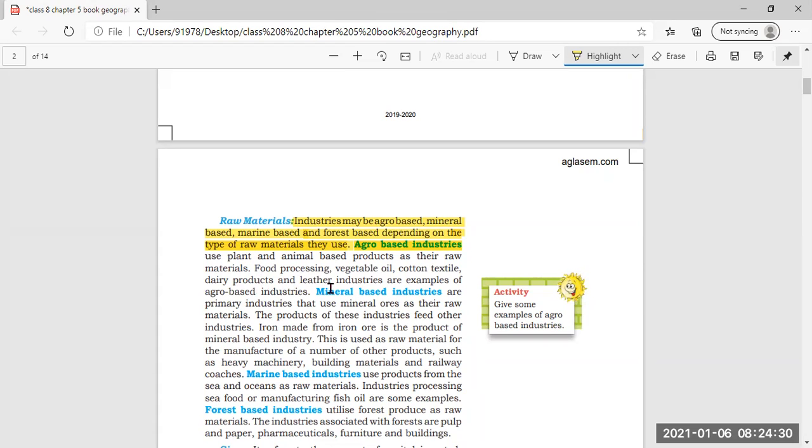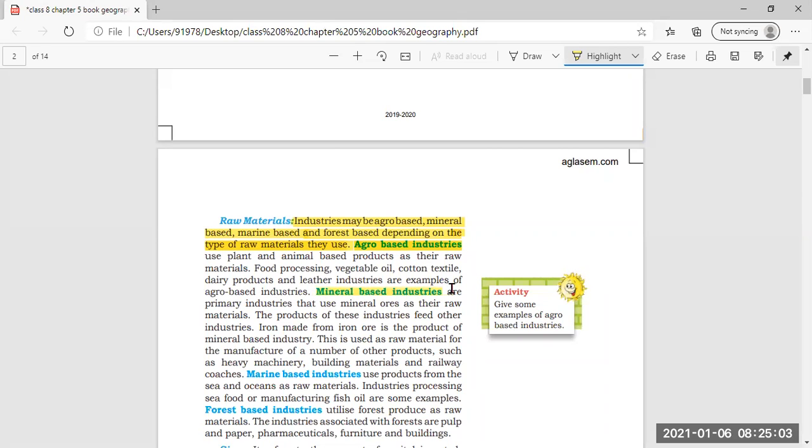Now, food processing, vegetable oil, cotton textile, dairy products, and leather industries are examples of agro-based industries. These are all related to agricultural production, and they are the main basic raw material used for agro-based industries.